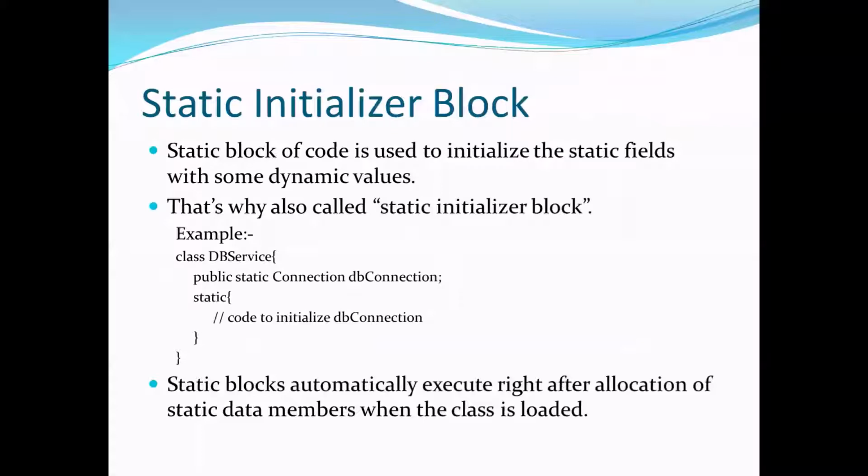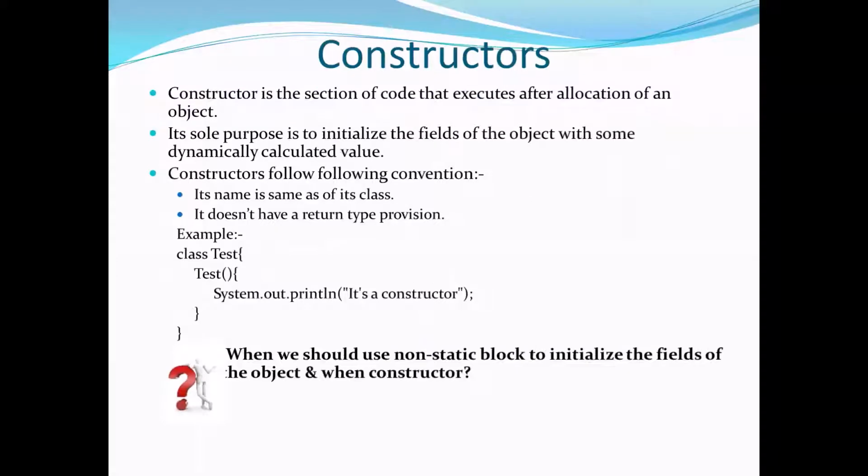So the first topic we'll discuss today is constructor. So what is a constructor, and what are the rules to create a constructor? It is very simple. A constructor is a section of code that executes after allocation of an object. We'll see with an example what it means, that a constructor is a section of code that executes after allocation of an object.